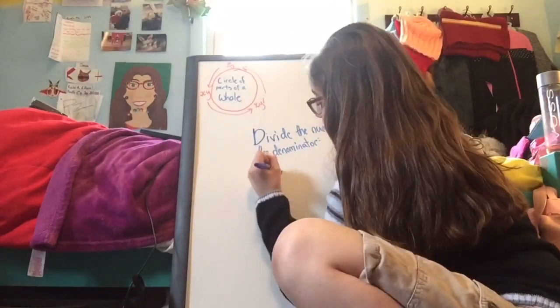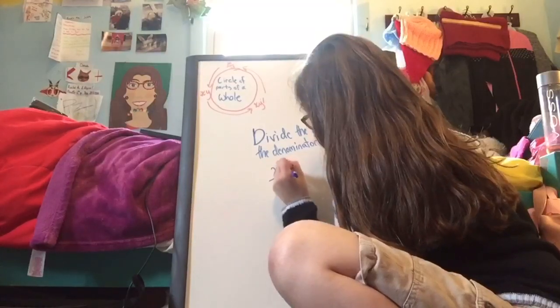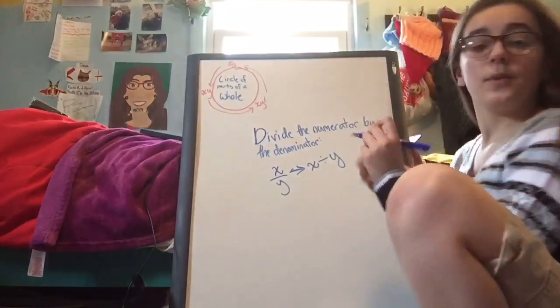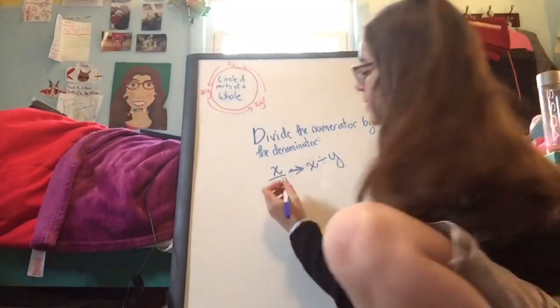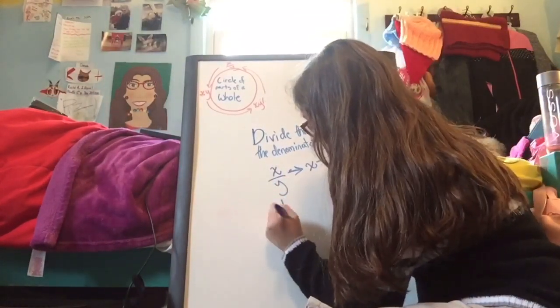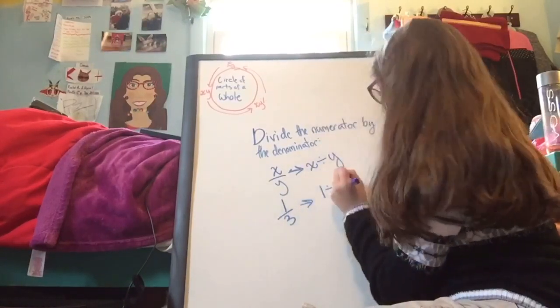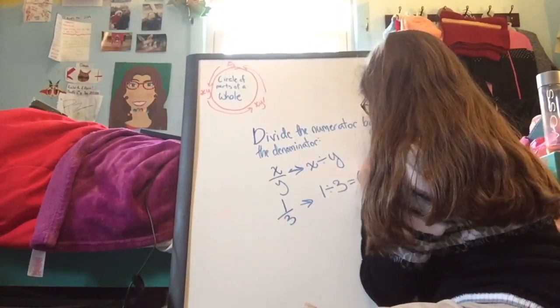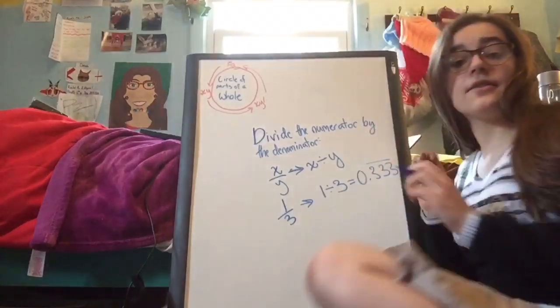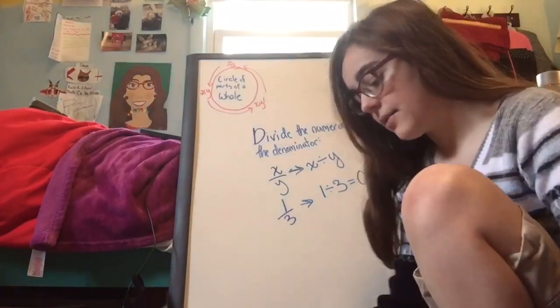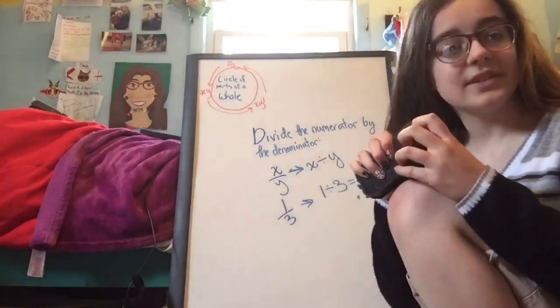So, x over y would be x divided by y. If you want an example with real numbers, 1 over 3 is 1 divided by 3, which equals 0.333 going on forever. So now we know how to turn a fraction into a decimal.